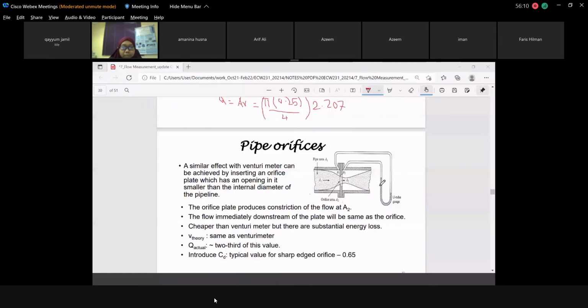Before that, do you still remember where we need to use orifice? In a closed conduit or open conduit, or both? Orifice, holes. Oh, holes. Correct. But where do we use it, in an open channel or a closed channel?